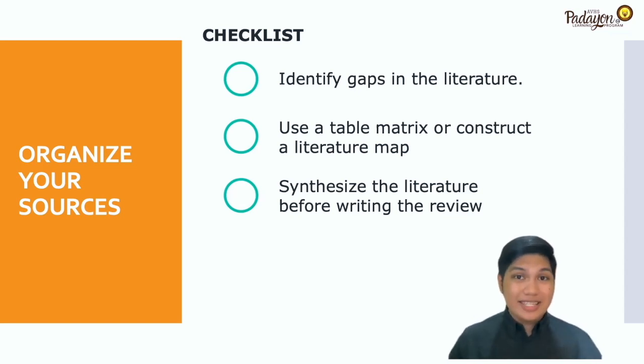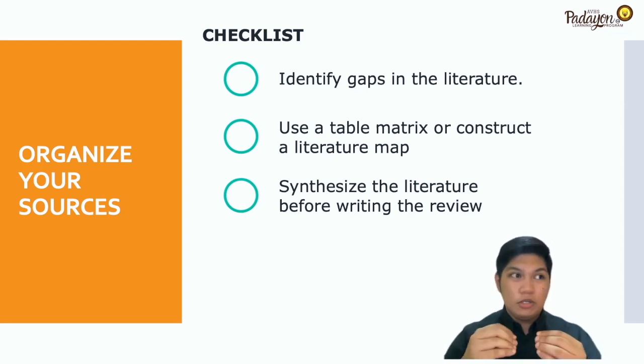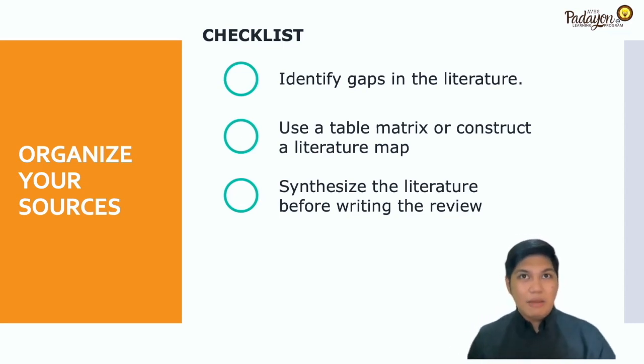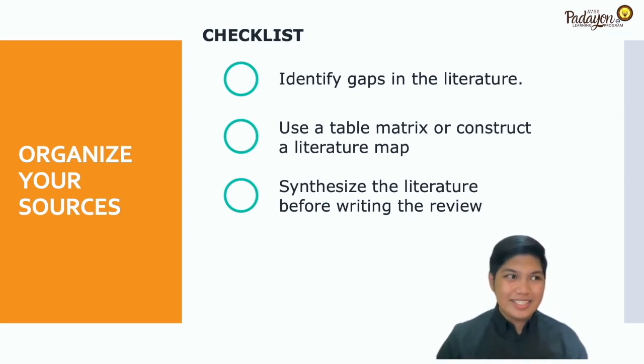When you talk about synthesizing, you will simply get the gist of that article. For example, if that article contains 10 pages, your goal is to make it just one page. Just state the points of that article. Sometimes the best way to do it is to look for the abstract of that journal, and that abstract could already be the synthesis of your reference.